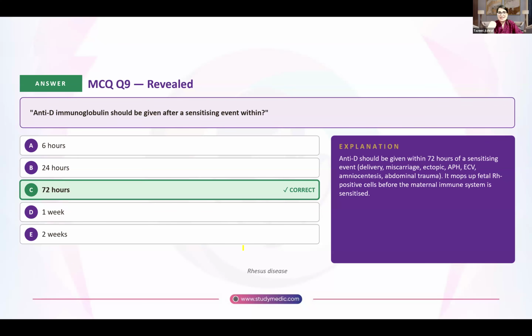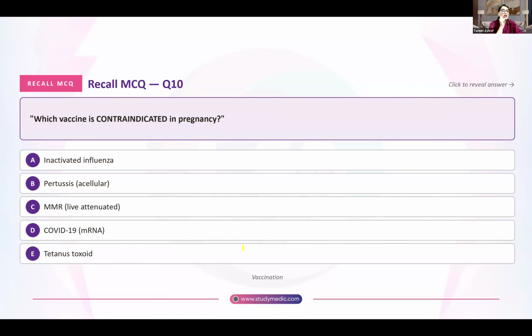If it is 8 ml, then the required dose would be higher: 125 multiplied by 2, which is 250 international units. So if they give you some fetal-maternal hemorrhage, by knowing that 4 ml is neutralized by 125 international units, you have to calculate and decide the exact dose of anti-D.